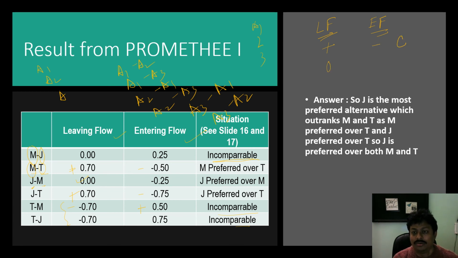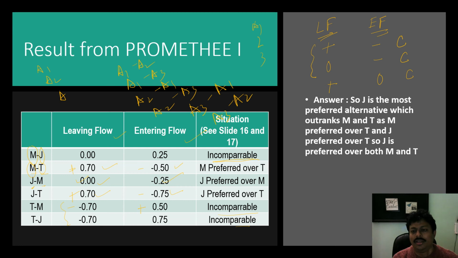This is 0, this is negative, comparable. This is positive, this is 0, of course comparable, right? Here we see the example of these two. You see, this is 0, this is negative, we compared. This is positive, this is negative, we compared.